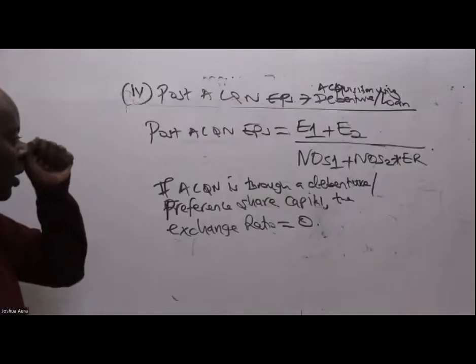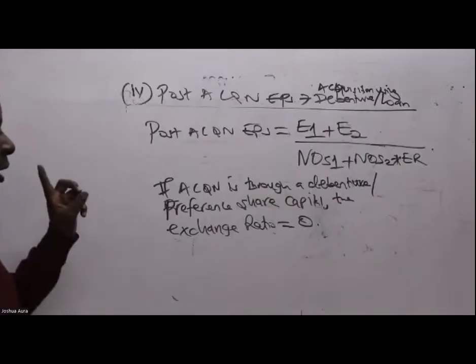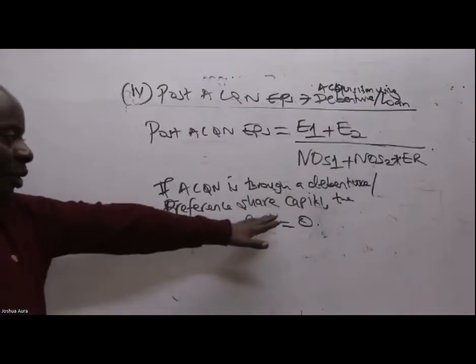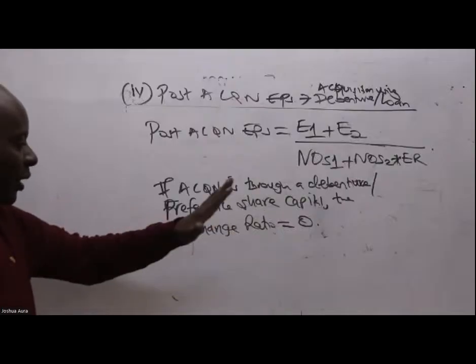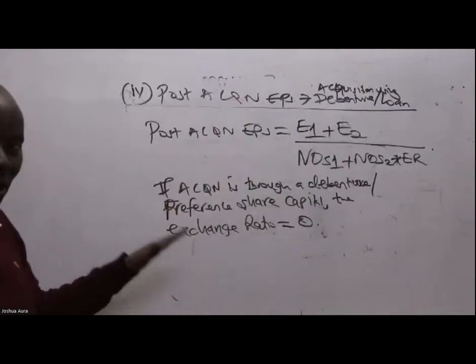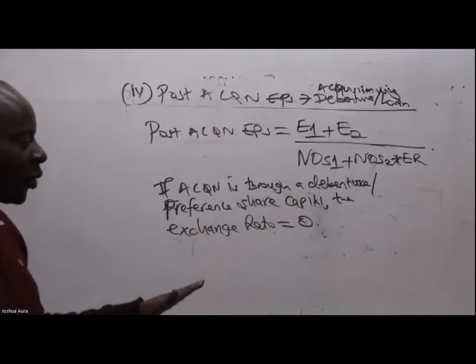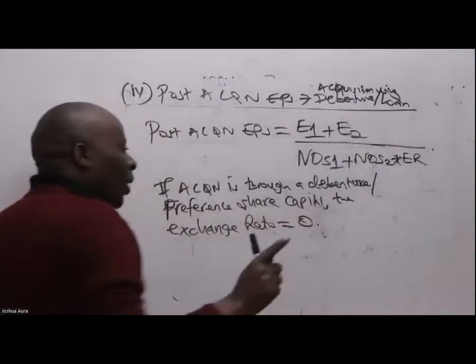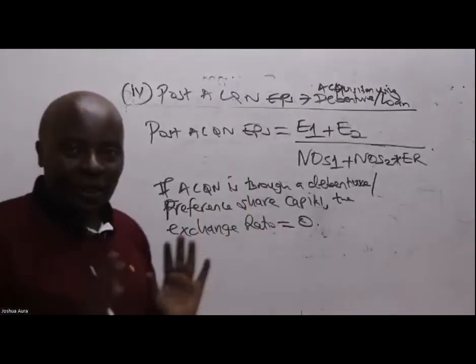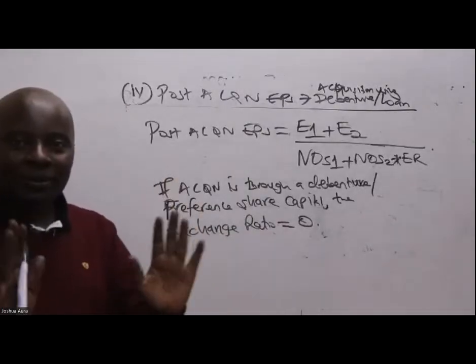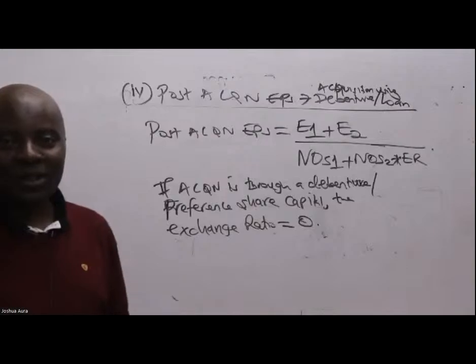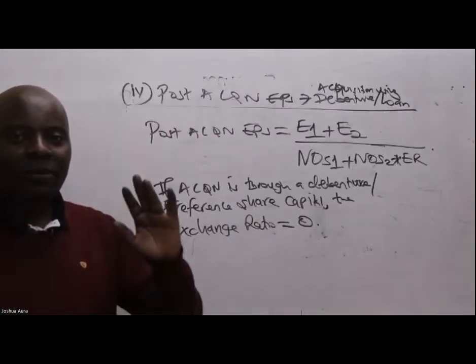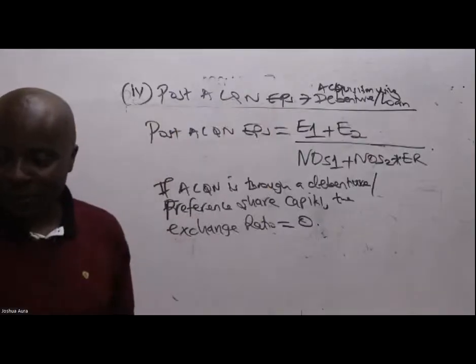So if acquisition is through a debenture or preference share capital, the exchange ratio shall be equal to 0. Has somebody been able to highlight this with a yellow highlighter? I'm very particular about yellow highlighters.